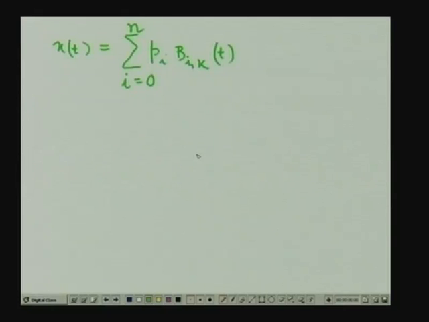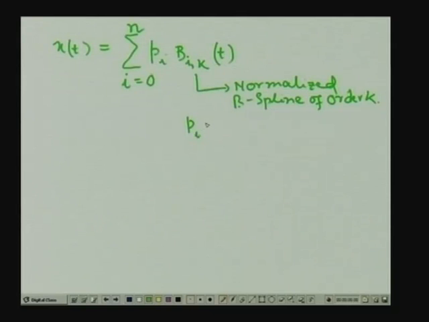These points p_i are called the control points, and b_{i,k} is the normalized B-spline of order k.